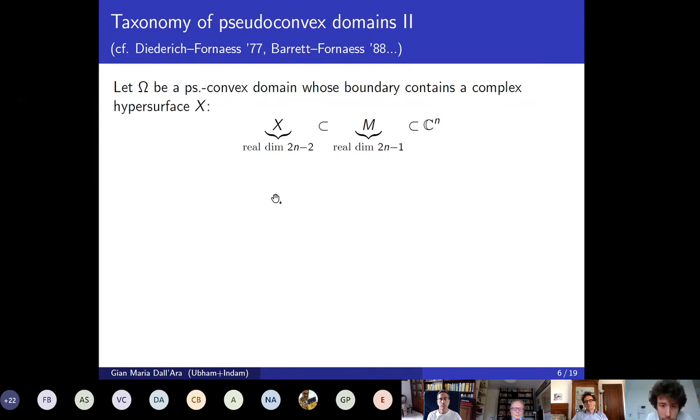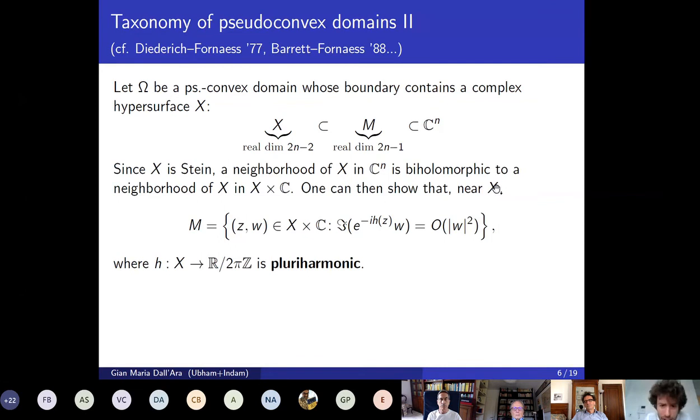Okay. In other words, what this means is that near X, using coordinates coming from the normal variable w in C, as you see here, the boundary can be expressed in the following form.